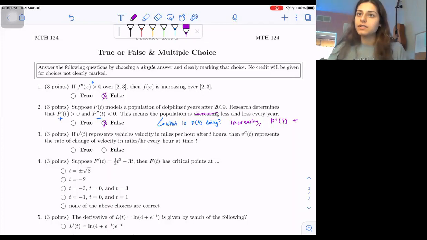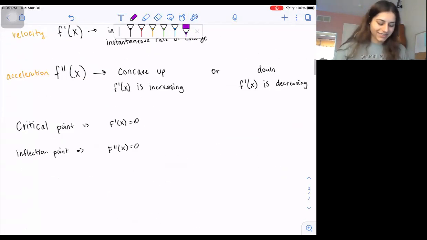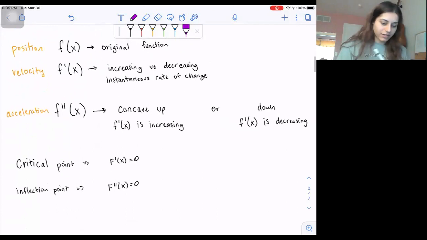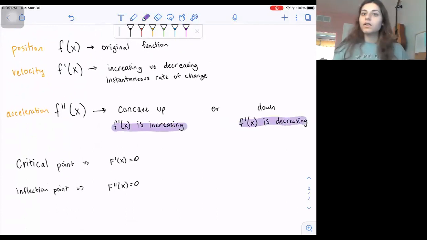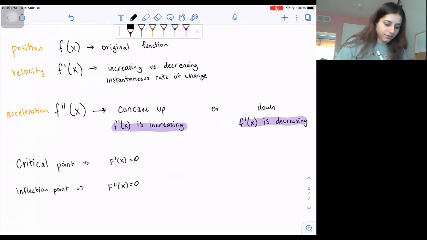All right, and then we have a question. If the first derivative is positive, the population is increasing. If the second derivative is positive, the first derivative is increasing. So I know that's a little confusing, but if you check it out right here and here, and I'll put some plus signs, that's plus, that's negative.